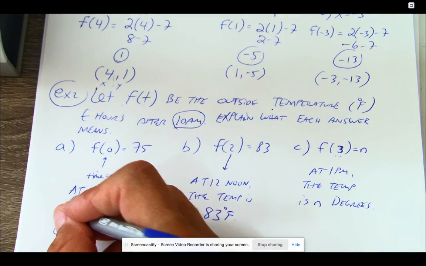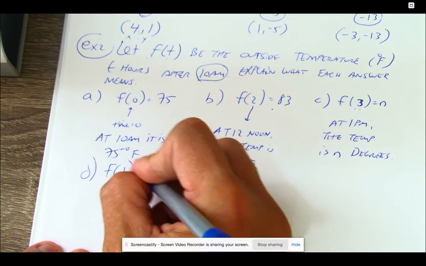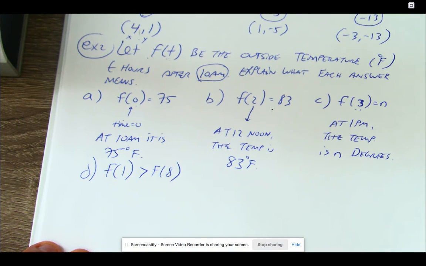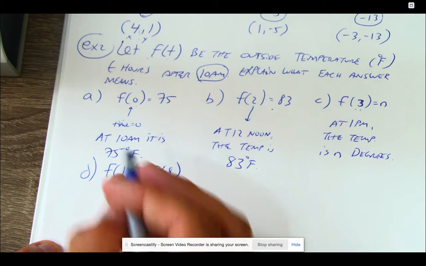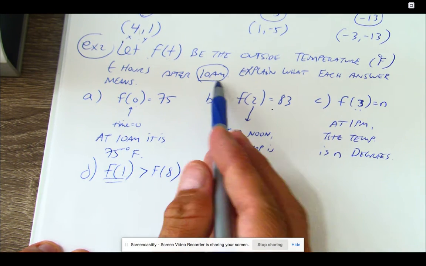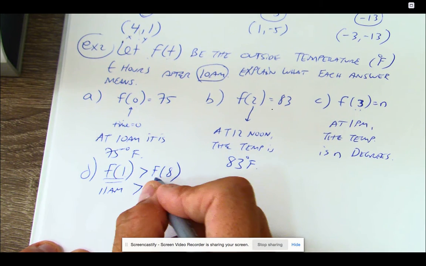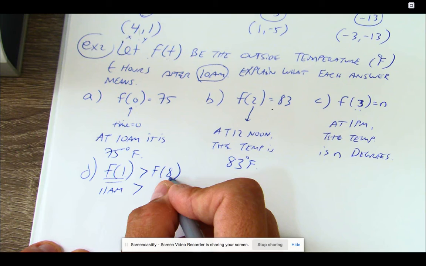Okay, now for the last one, choice D, I'm going to move this up a little bit. It's going to have some weird stuff here, which looks like this. f of 1 is greater than f of 8. So we've got to figure out what this time is. Well, this is 1 hour after 10, so this is at 11 a.m. That's greater than whatever the temperature is at 8 hours past.